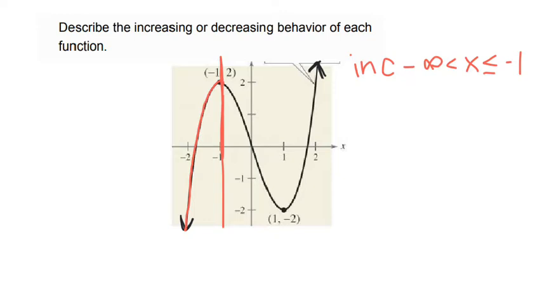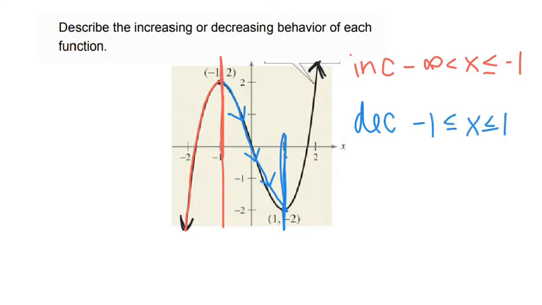Then from -1 we start to go down till we hit this chunk. From -1 to 1, that blue chunk is decreasing. It's going down from left to right. So we would say it's decreasing from -1 to 1. And then this last chunk, from left to right, we're going up. We're increasing again, starting at 1 and going till forever.